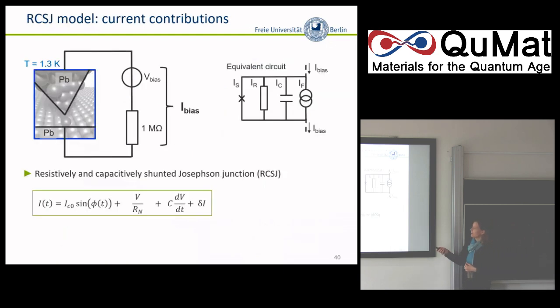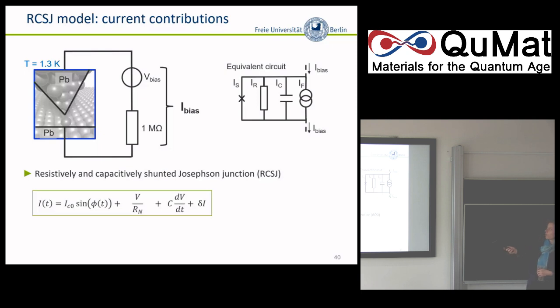Okay, so how do we then explain this in terms of what's known about the Josephson effect? Well, essentially, you say that you have a tip in front of a substrate. That's fine. So you have one of your junctions should be the supercurrent, but reality is there. And the reality means that you have a finite quasi-particle current. So this is why we put here an ohmic resistance in parallel. You also have coupling to the environment.